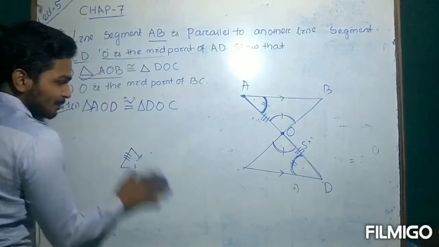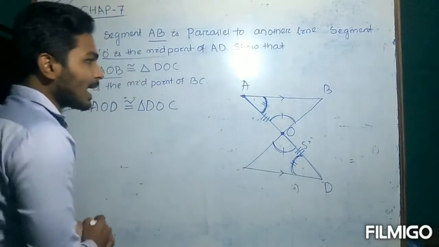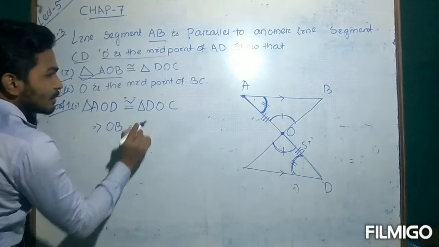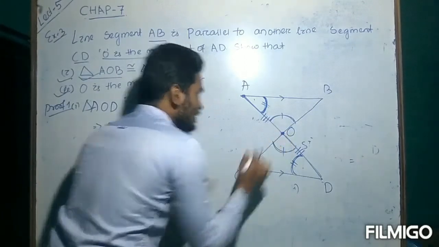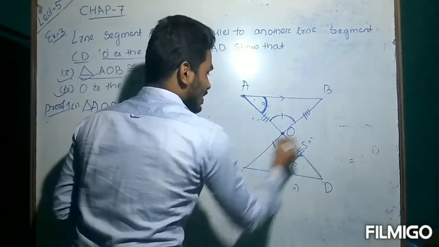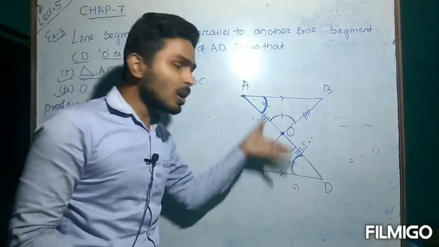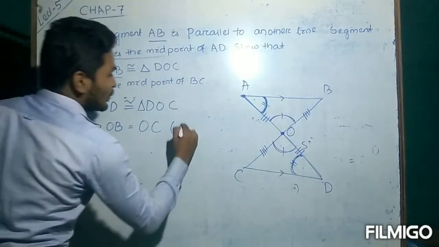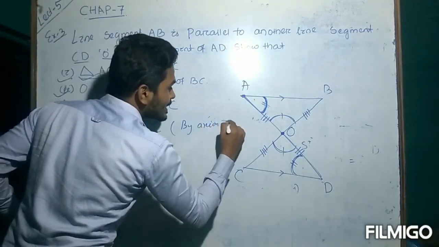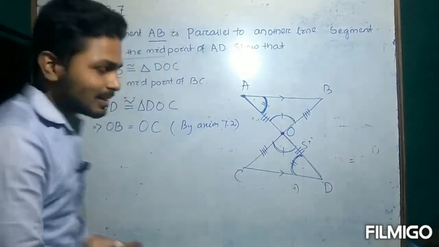Since these two triangles are congruent, we can write that this side OB is equal to this side OC. Why? Because these are the corresponding parts of these two congruent triangles. So OB is equal to OC by axiom 7.2. OB is equal to OC means what?